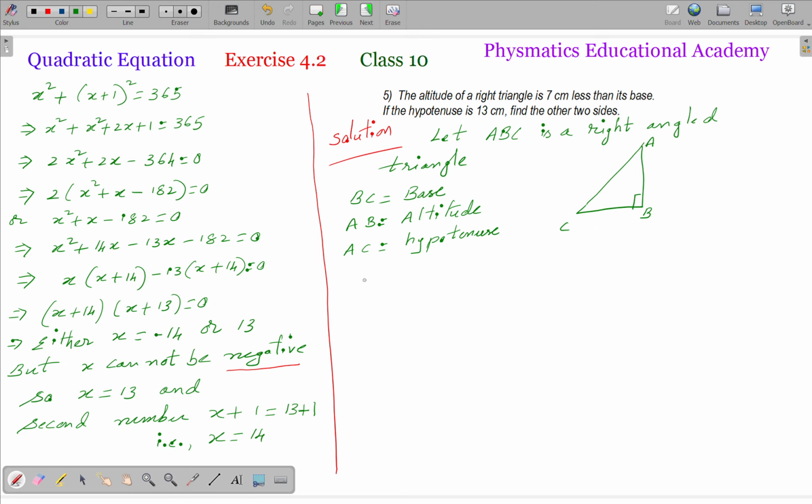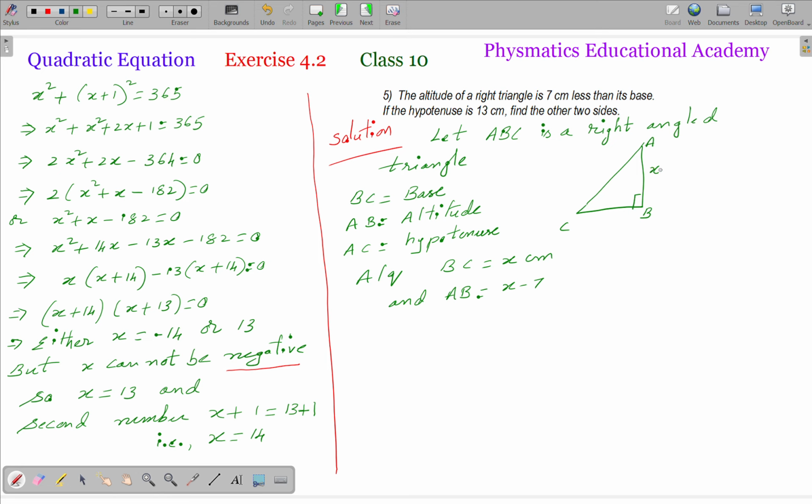Now according to the question, BC is equal to x centimeter, and AB is equal to x minus 7, that is 7 centimeter less than the base.